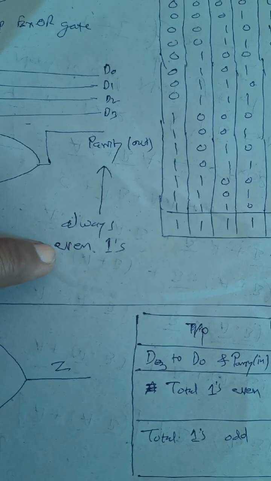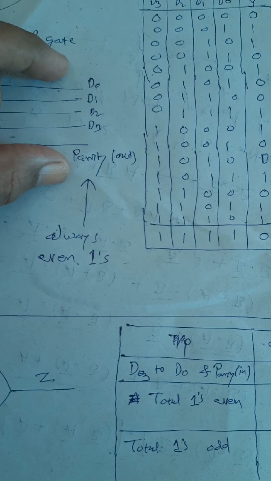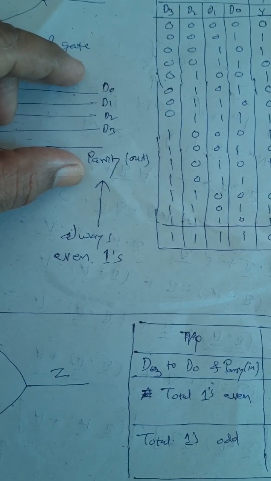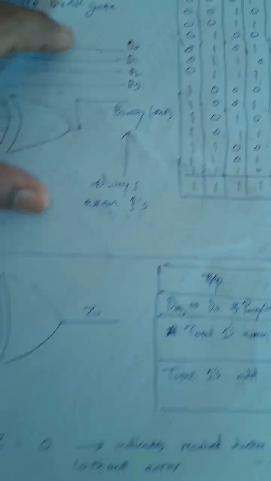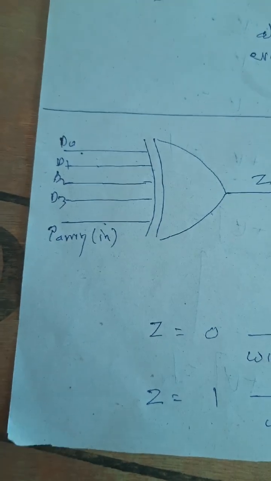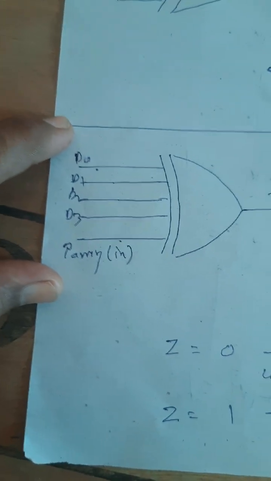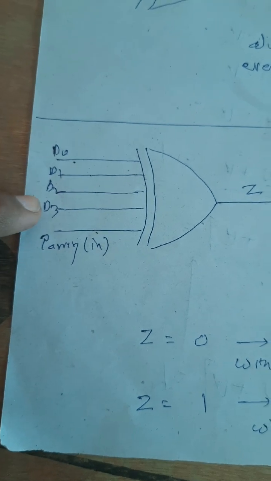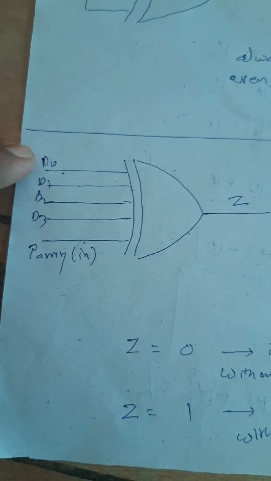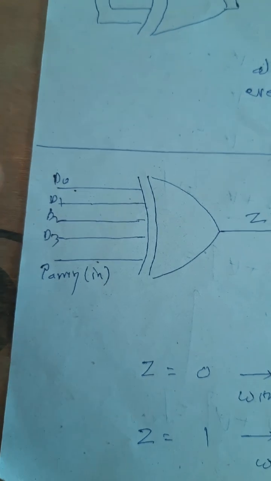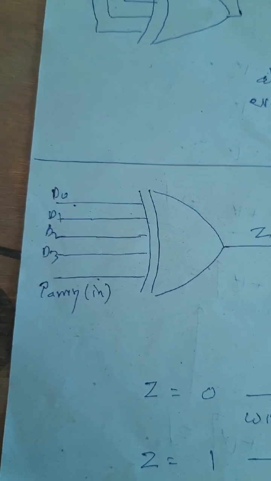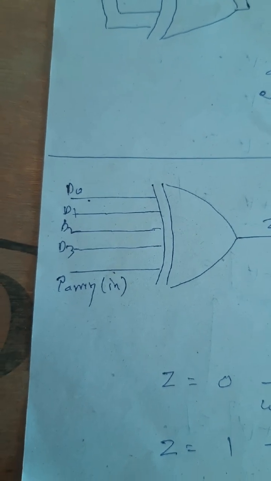Now, this group of 5 bits is transmitted from the transmitting end and it will be received as data at the receiving end. Therefore, now we have to check whether the data received, that is D3, D2, D1, D0, is valid or is there any modification, any error in the data received.